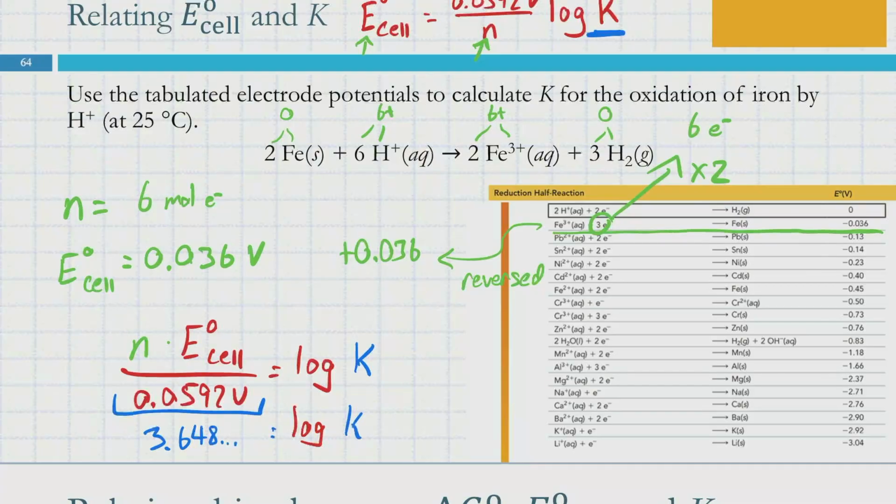equals log K. To get K by itself, we do the anti-log, 10 raised to the power of whatever.